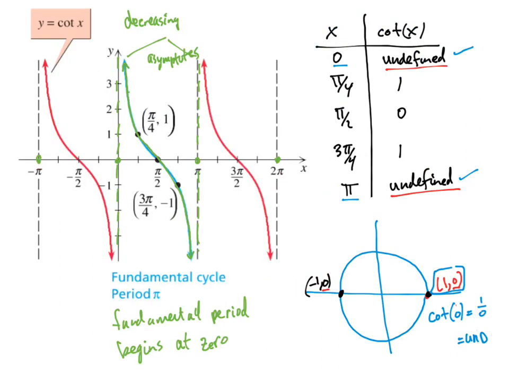Okay, so if we look at the cotangent graph, 0 is here, we have an asymptote here, that's the beginning of the period, and then the end of the period. We said the period length is pi, so that corresponds to where the second asymptote is.